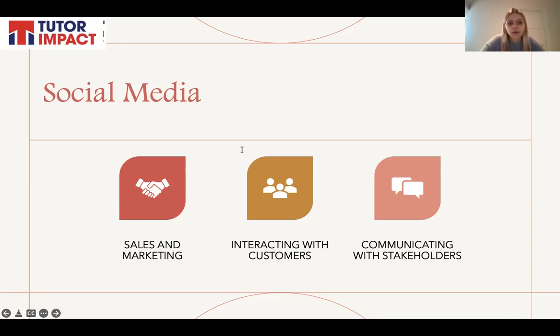Now, the second example is using social media to interact with customers. Businesses can use social media to see what customers are saying about their products and services, which is really helpful in the preliminary stages when thinking of how much to sell of a certain product or whether to introduce new products.